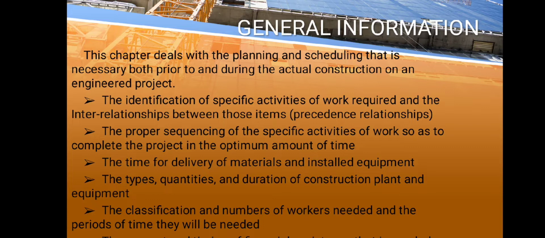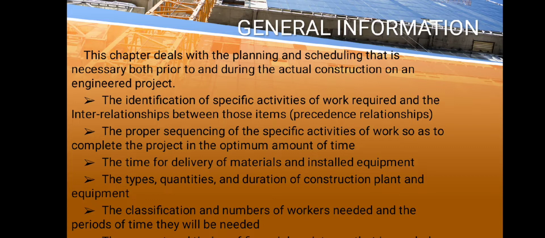Items which need to be adequately planned include: number one, the identification of specific activities of work required and the interrelationship between those items. Number two, the proper sequence of specific activities of work so as to complete the project in the optimum amount of time.